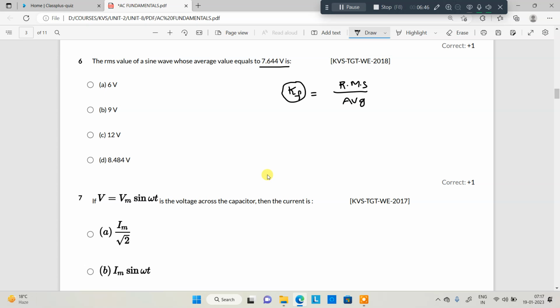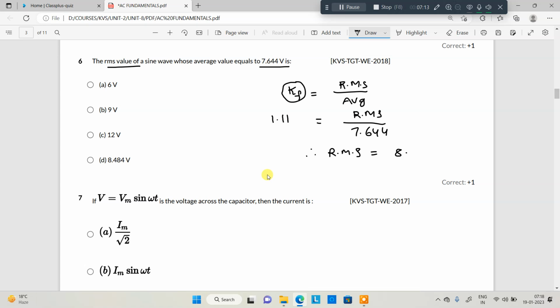Every waveform has a separate form factor. In case of a sinusoidal waveform, you know from our theory class, it is a constant value 1.11. Okay, it is equal to RMS value divided by average value. You need to find the RMS value, and the average value is given as 7.644. From that, the RMS value of current is equal to 8.